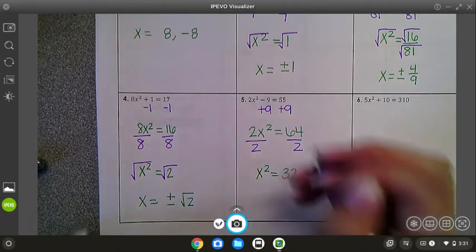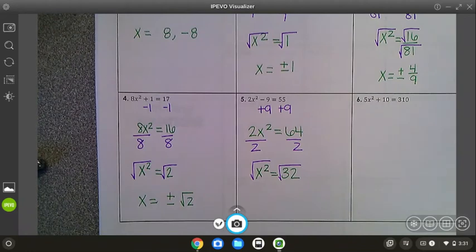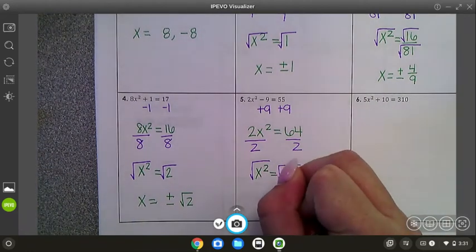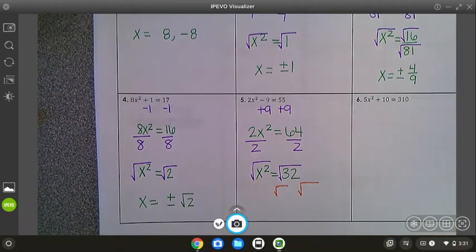And then we take the square root. Now 32 is not a perfect square, so we've got to split it up. What is the largest perfect square that goes into 32?